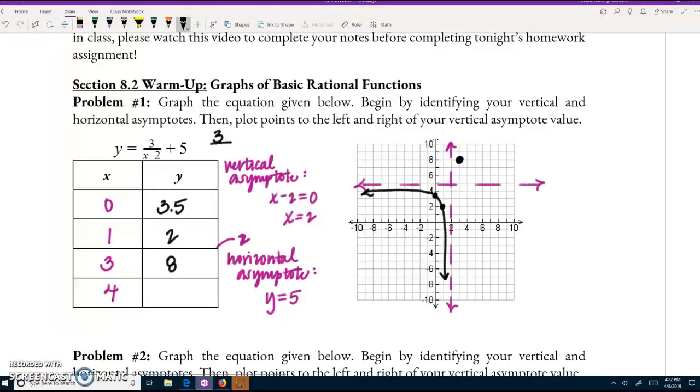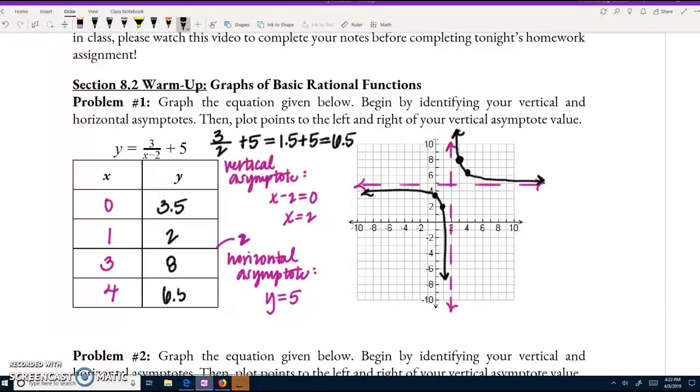Now if I plug 4 in here, I will get a 2 plus 5, which is going to give me 1.5 plus 5, or 6.5. So I've got the point 4 and then 6.5, which is right about here. So I can then sketch this piece of the hyperbola here.